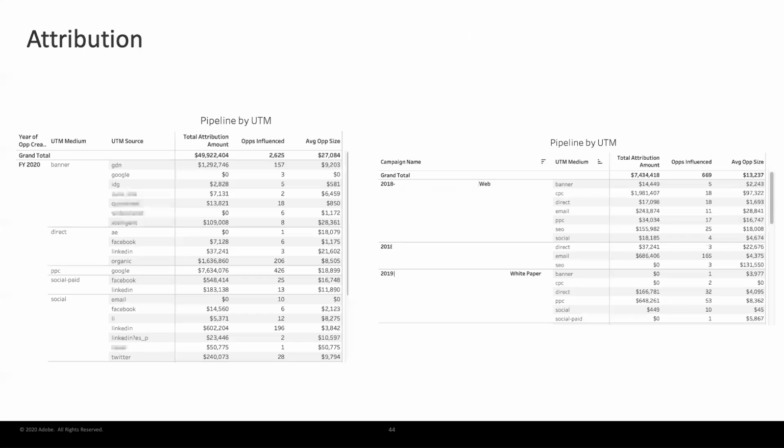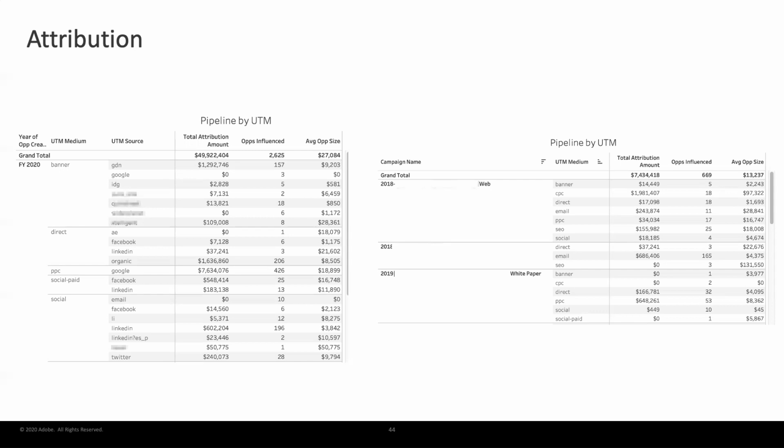For the more robust end of the type of reporting that you can get to, if you are using one of the larger scale tools and you're pulling in UTMs and then pulling that into a BI tool like Tableau, what we're looking at here is the output of the type of reporting that we can get from that.